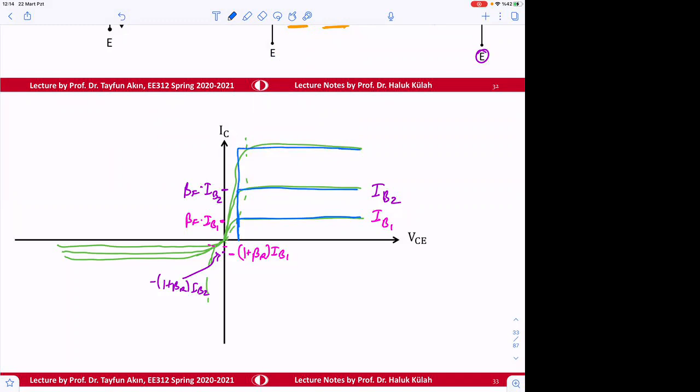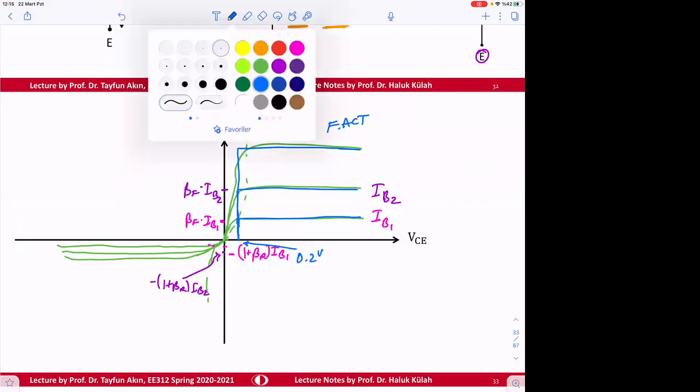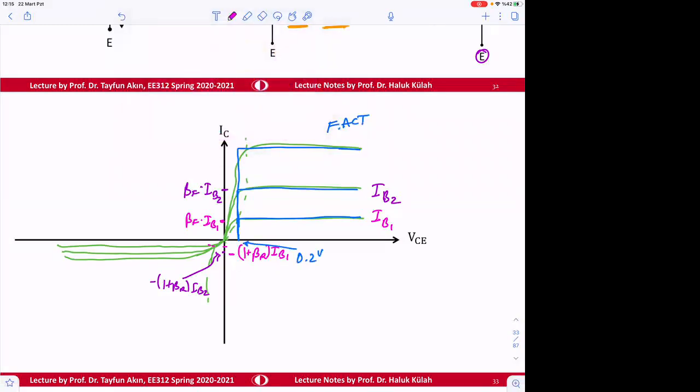So this is the voltage, 0.2 volts. So collector emitter voltage in forward active region is going to be modeled like that. And this is the SAT region.